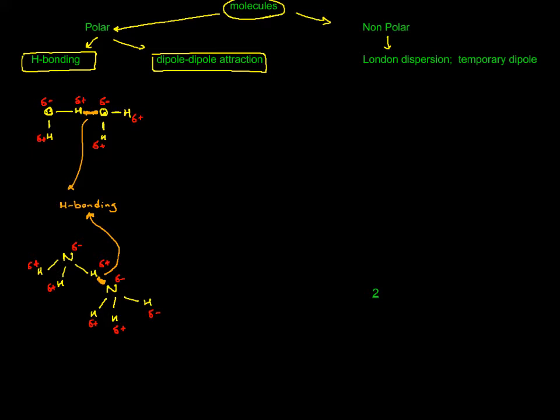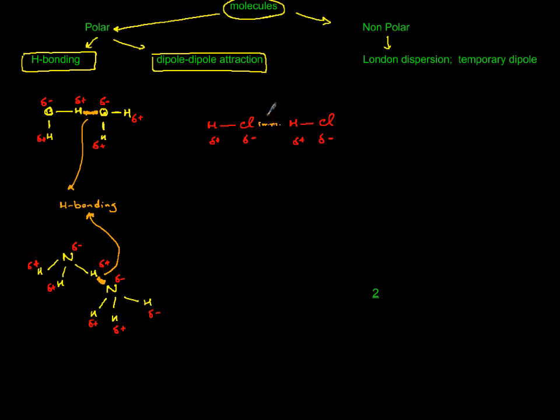If I give you a molecule that doesn't have oxygen, nitrogen, or fluorine attached to hydrogen, for example, if I give you HCl, slightly electronegative, slightly electropositive, no hydrogen bonding, and if I put another molecule like HCl next to it, they are also going to attract to each other, but this time it's going to be a weaker attraction.